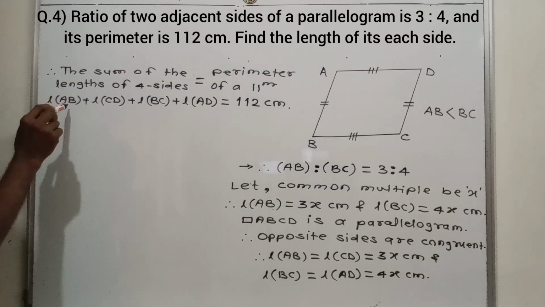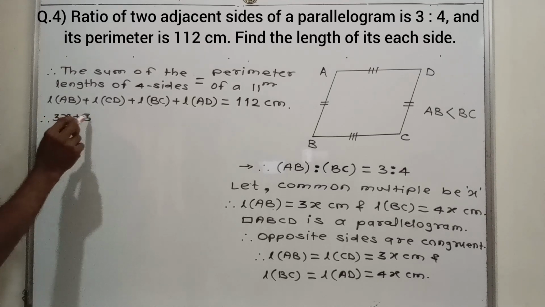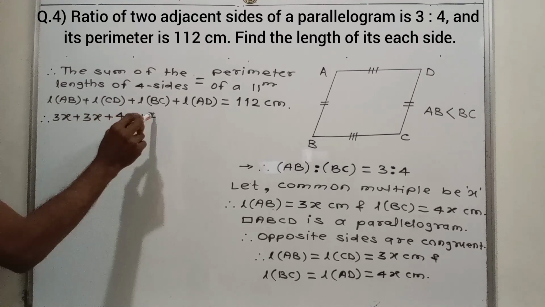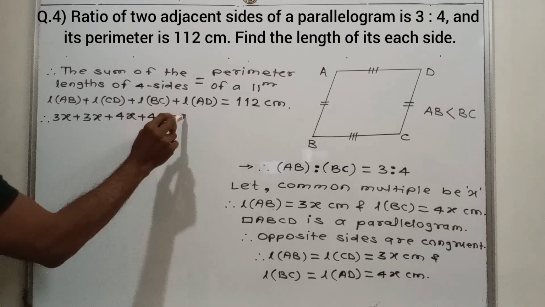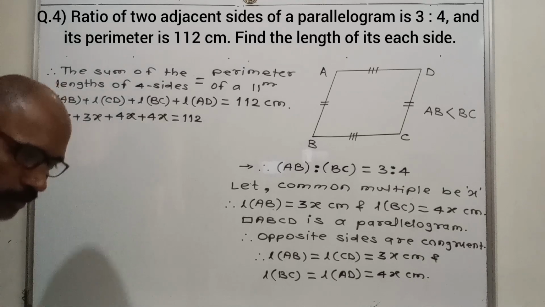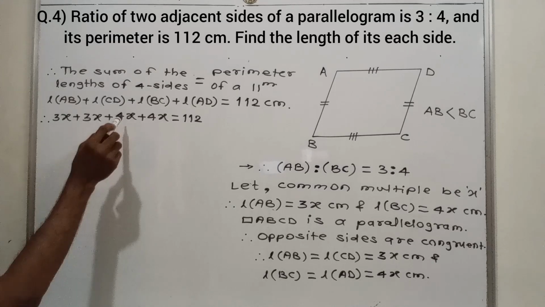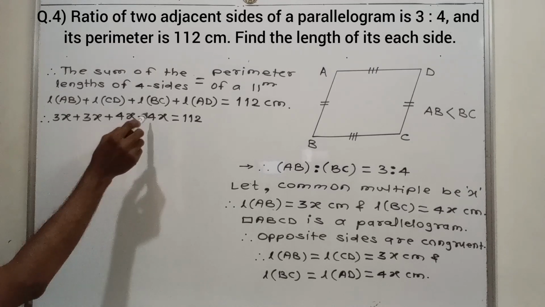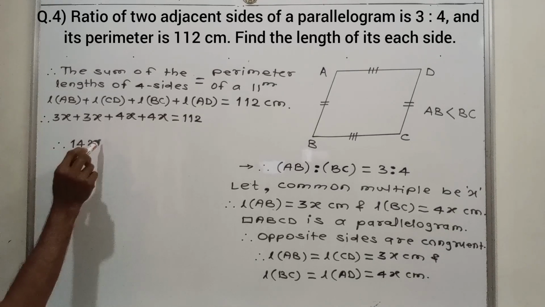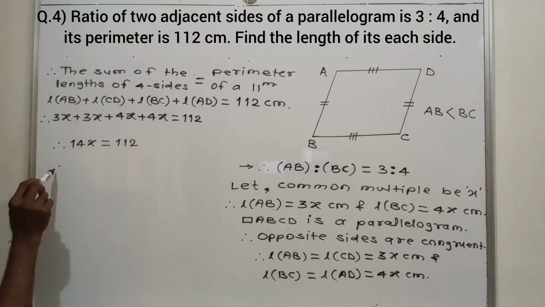Did you get it? Therefore, we put values: 3x plus 3x plus 4x plus 4x is equal to 112 centimeter. Don't write centimeter here now. Now 3 plus 3 is 6, plus 4 is 10, and 4 is 14x is equal to 112.